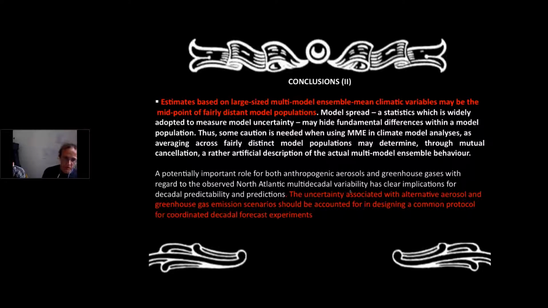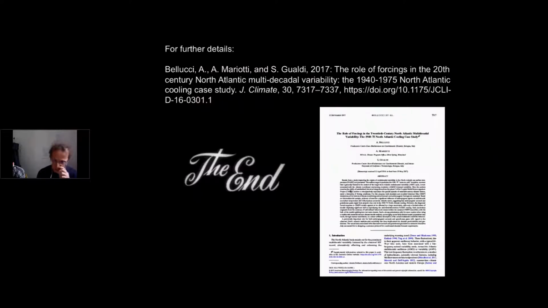And this is important not only for the standard climate projections, but in particular, as we've seen today, for the decadal variability, which is more in the realm of decadal climate predictions. And I will stop here.